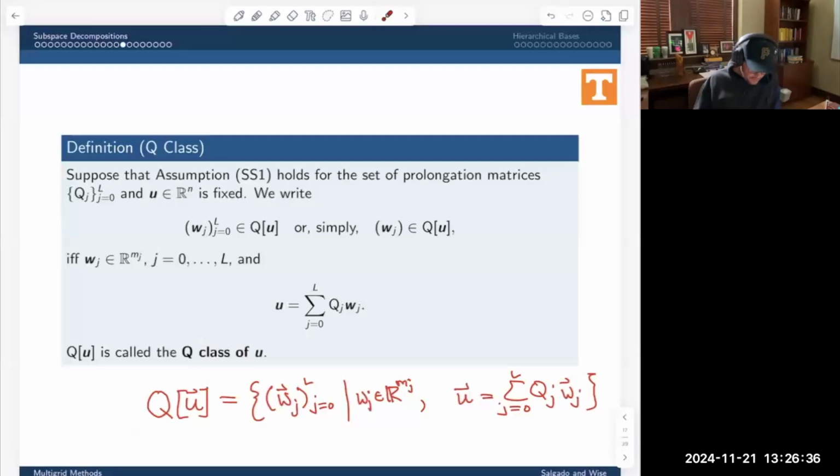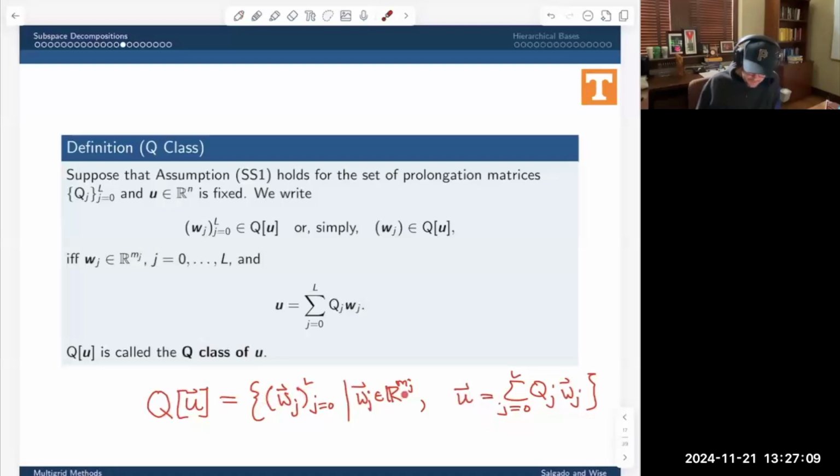Given these matrices Q and given U, I'm looking for all the ways or all the sets of vectors such that I can write U in a sum which looks like this. Now notice the reason why I didn't want to use a set notation is because that usually assumes that each one of the elements comes from the same set, which they don't in this case. And that's because each one of these vectors, Wj, could be of a different size, right?